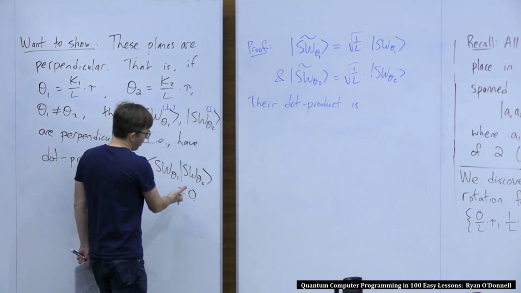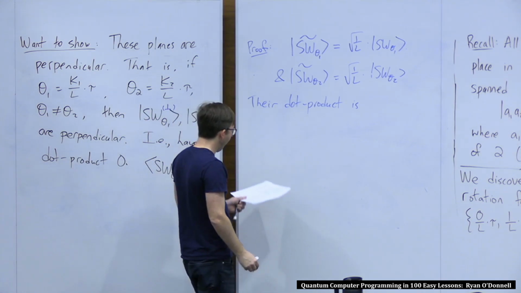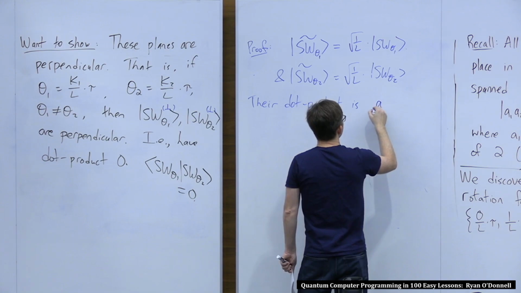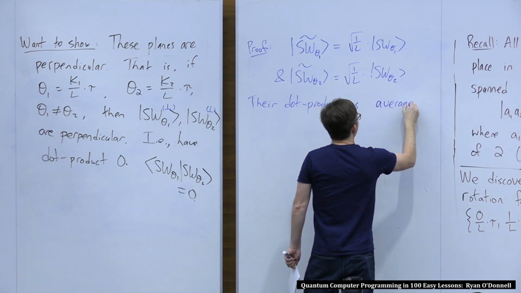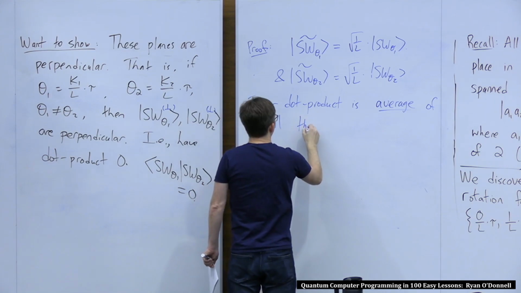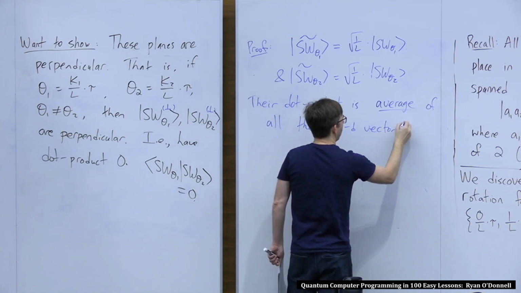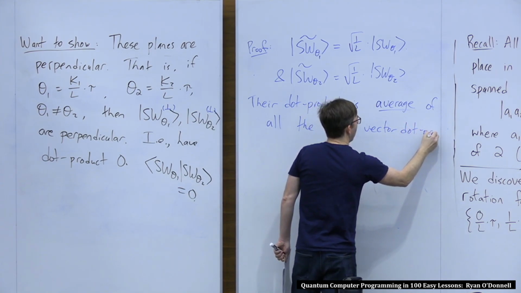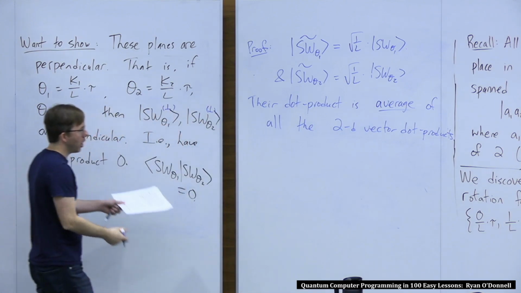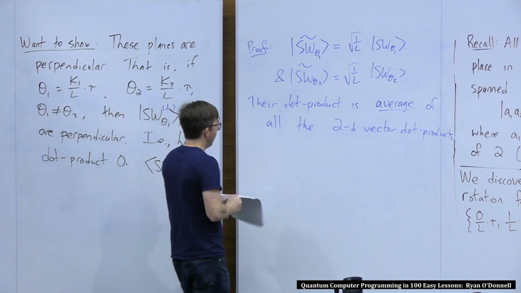So it doesn't really matter, because we're just trying to check that it's 0 anyway, so it doesn't matter if we multiply by 1 over L or not. But it'll be nice to say this, that their dot product is the average of all the associated, I don't know, 2D vector dot products. Okay, so we're trying to show that this average dot product is 0. So let me write that.